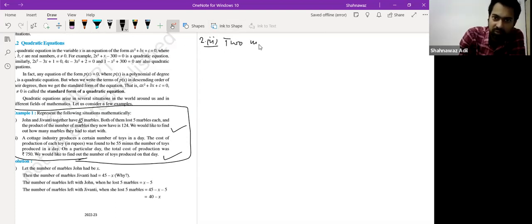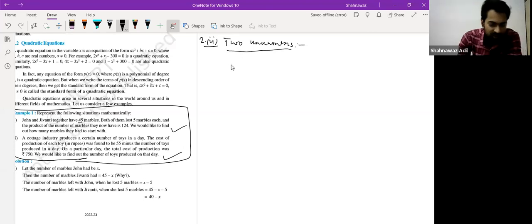Cottage industry. Certain number of toys. Minus, particular day. So let us see this example. You went to the market to buy some, let's say, apples.